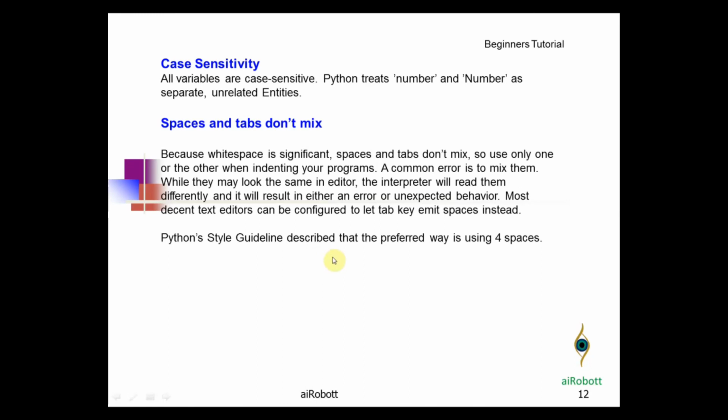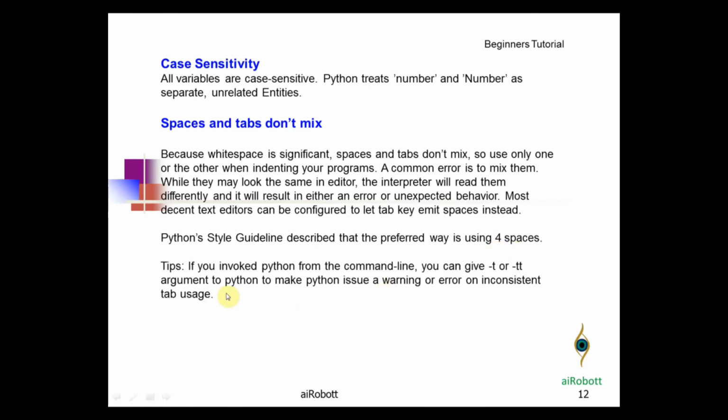So Python style guidelines prefer 4 spaces. If you invoke Python from the command line, you can give the hyphen tt argument. Why?